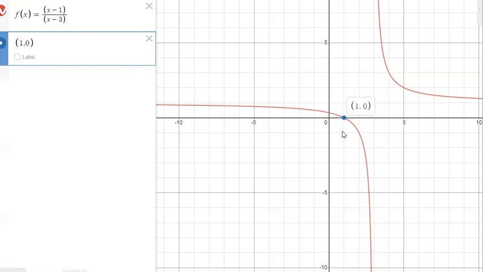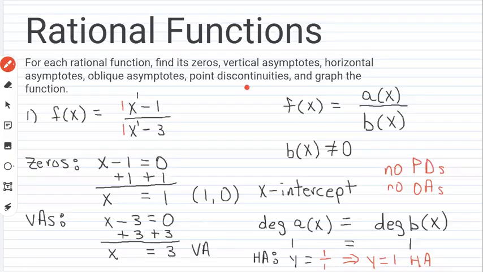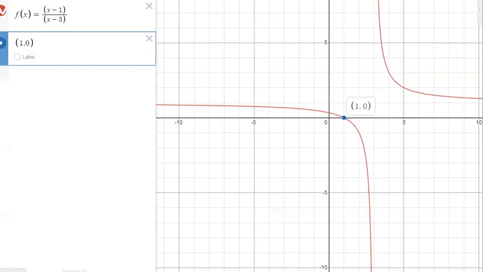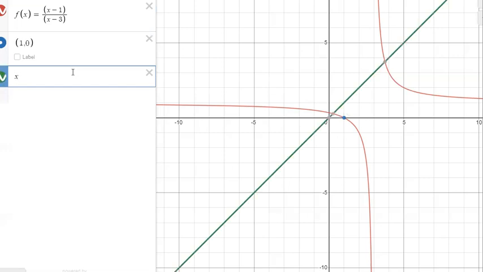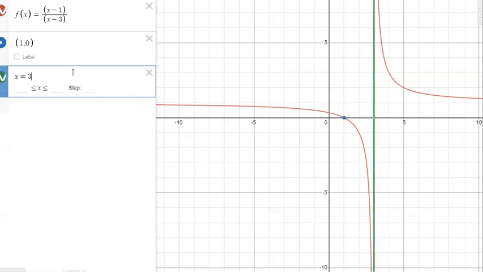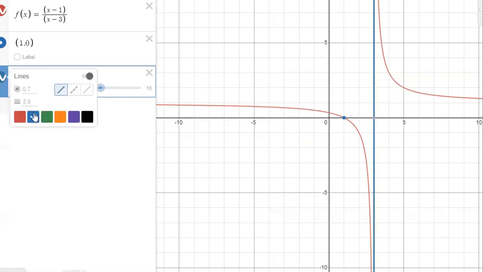What we also need to graph is our vertical asymptotes. So going back to our slide, we know that the vertical asymptote is going to be x equals 3. So I'm going to graph that line on Desmos. I'm just going to type in x equals 3. I get this vertical line down the middle of the screen. And what I'm going to do is change the color to blue and make it a dotted line.